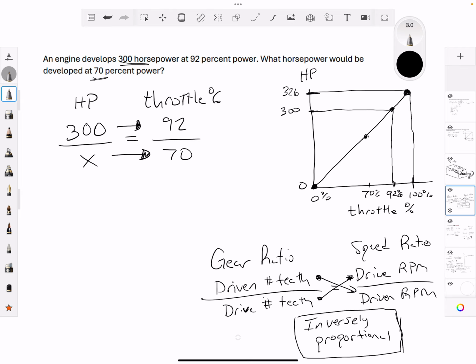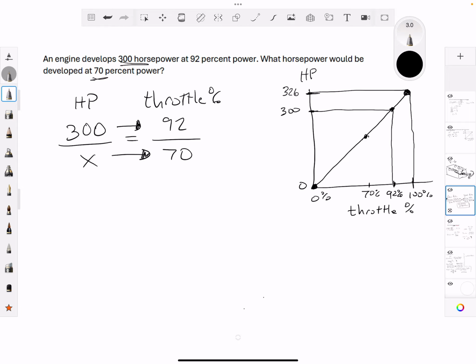In this example, if our driven gear is getting larger, or has more teeth, or the diameter is getting larger, then the speed of that gear is going to go down, because every time the drive gear turns one rotation, the driven gear would not have rotated an entire rotation. Therefore, the RPM would go down. That's the difference between a directly proportional and inversely proportional relationship.